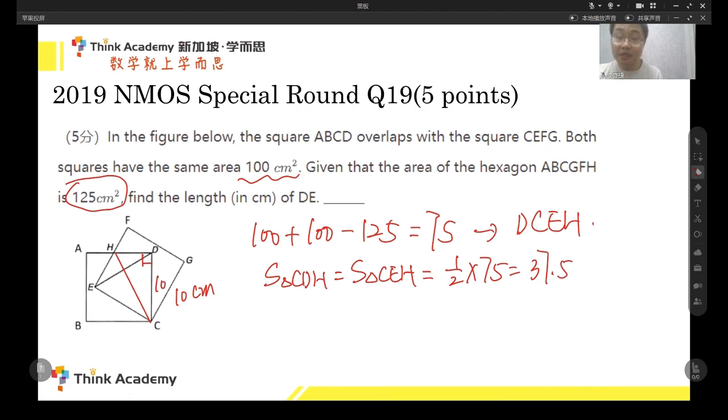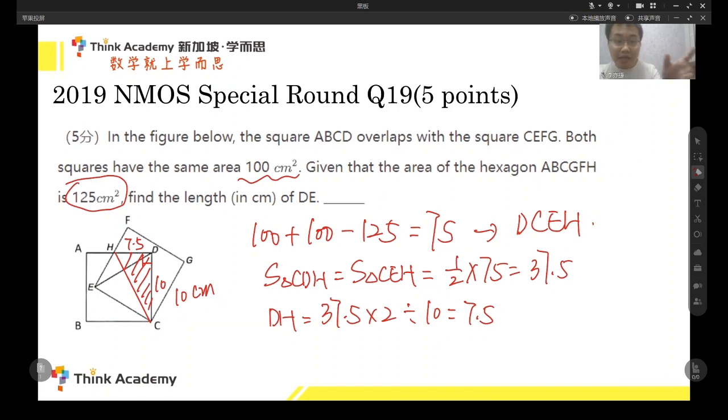So now we know the area of a right angle triangle, and one of its sides is just 10 centimeters, the side length of the square, right? Then we can use the area to calculate the length of DH, which is 2 times the area divided by the length. So this will be 7.5. Now for triangle CDH here, this is a right angle triangle.